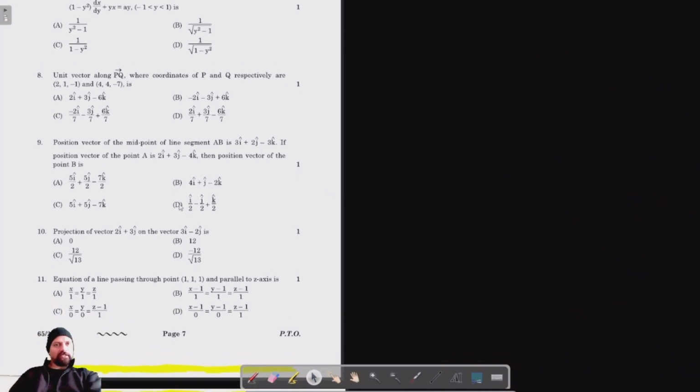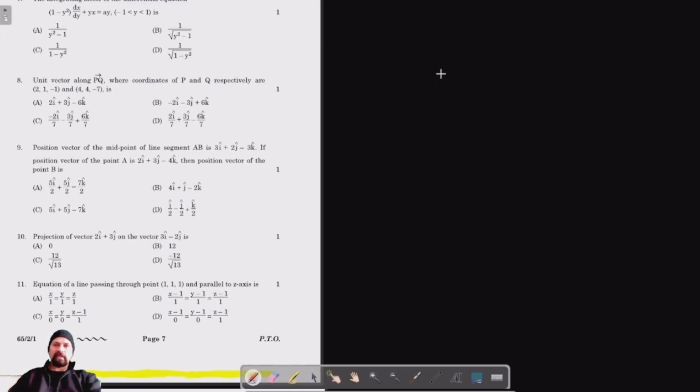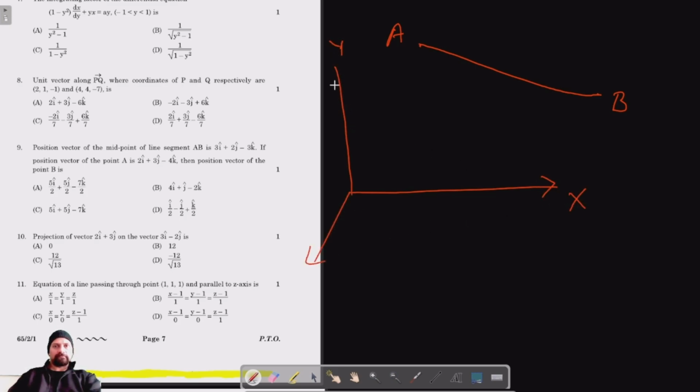For question number 9, it's given that the position vector of the midpoint of line segment AB is 3i cap plus 2j cap minus 3k cap, and the position vector of point A is given. We have to find the position vector of B. So there's a line segment joining A and B, and let's say this is our space with x, y, and z axis. The position vector of point A with respect to O is given.